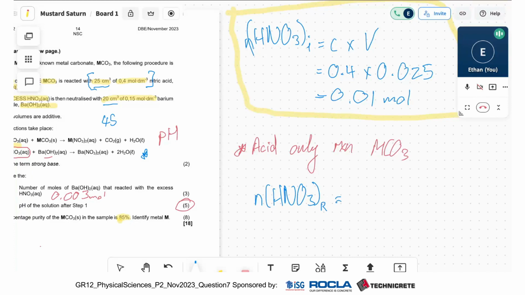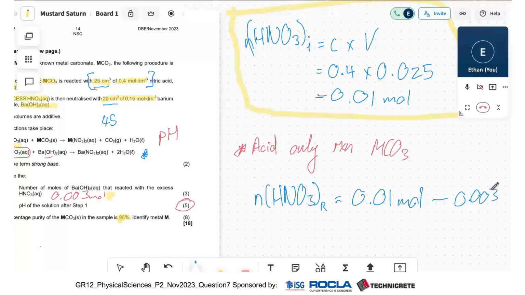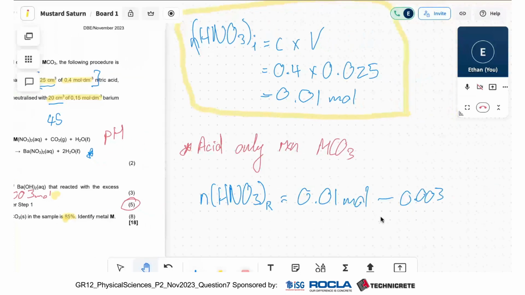We just take the total amount of acid we had initially, which is 0.01 moles, and we subtract it with the amount of acid we had left, which is this one. So that's 0.003 moles.